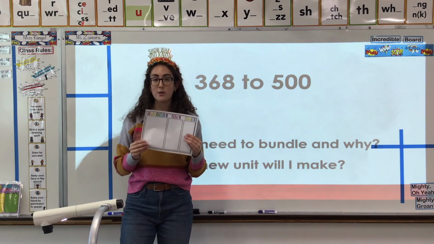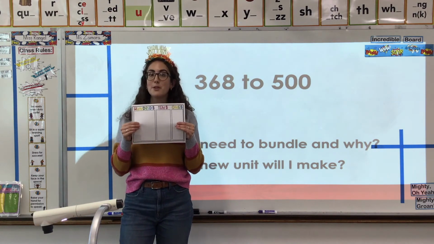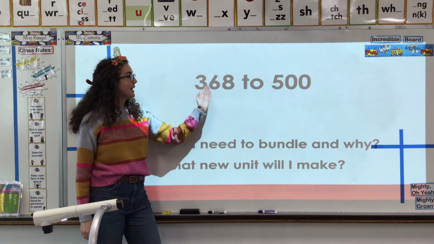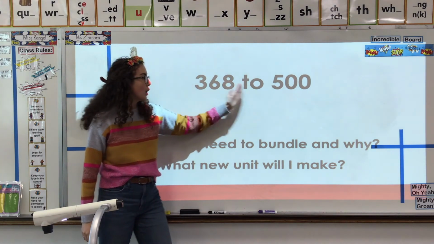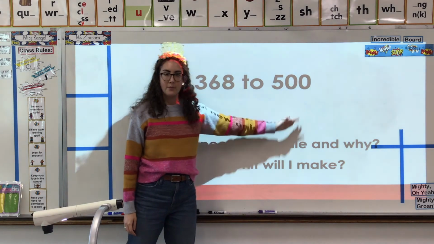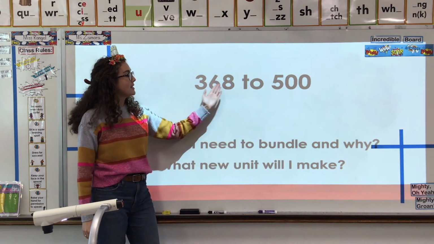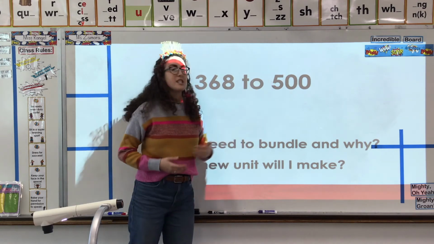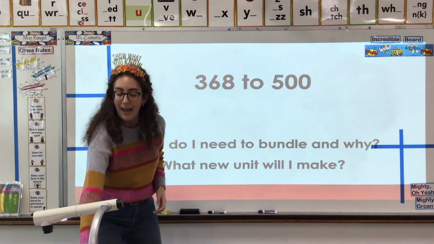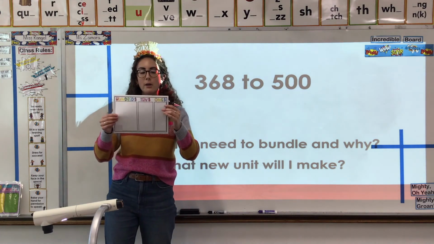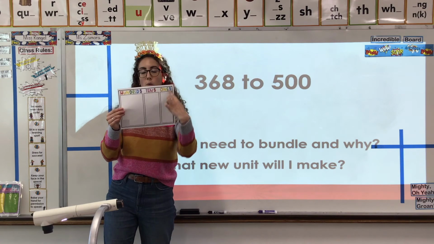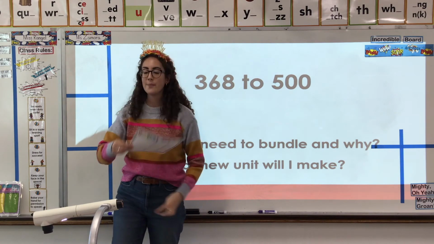Using your place value chart, I still want you to keep your chart out. You are going to count from 368 to 500. So you're going to start with 368 on your board and start counting up to 500. As you're counting, and remember, we go from the smallest to the biggest, ones, tens, hundreds.